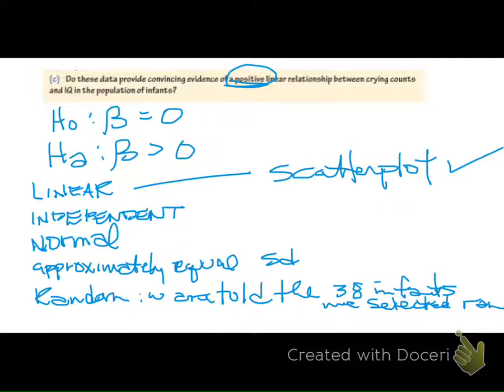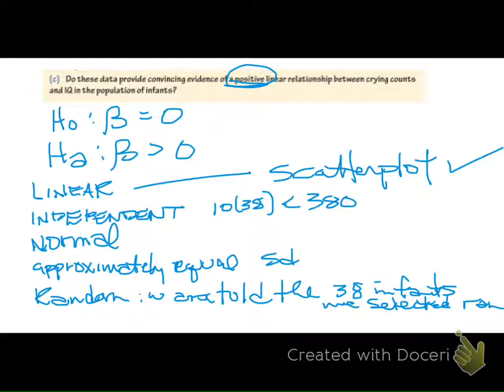So we would refer to our scatter plot and our interpretation there. For independence, we will assume that 10 times the sample size, 38, is less than the population. So we're going to assume that there are at least 380 infants in the population from which these children were selected.